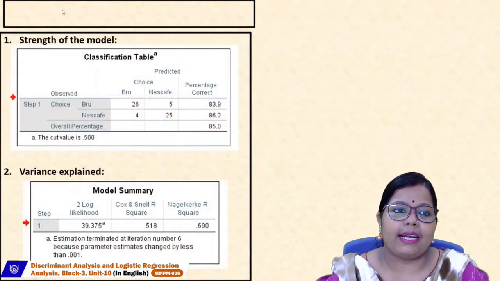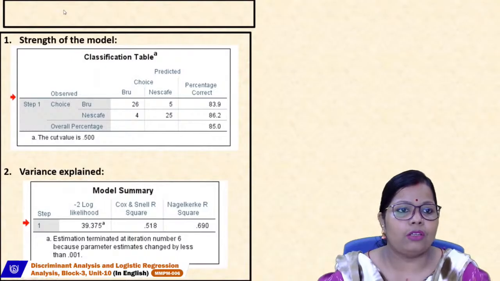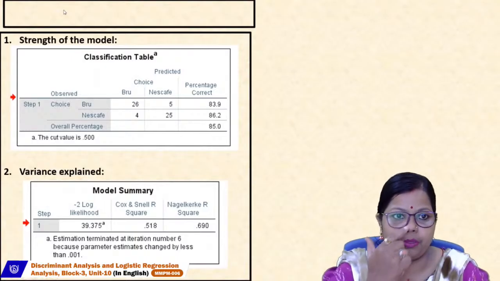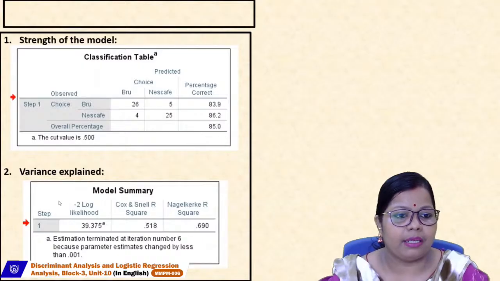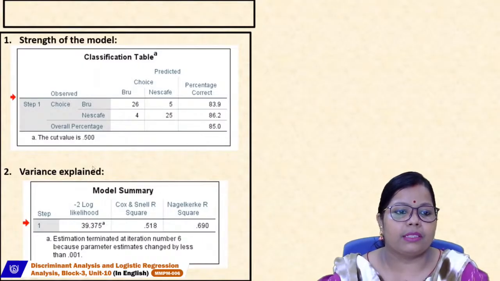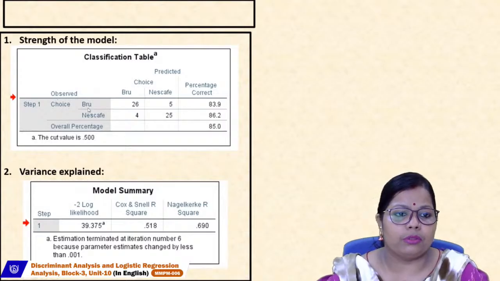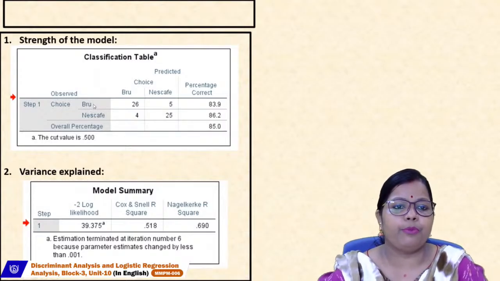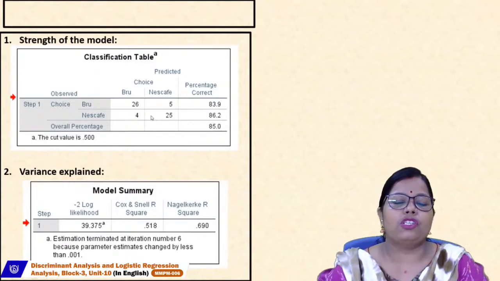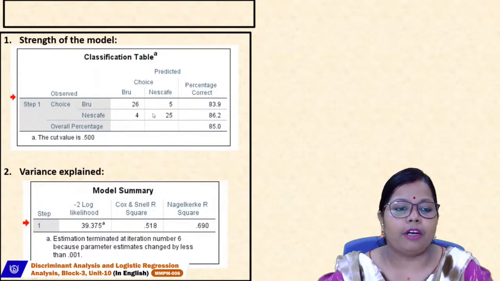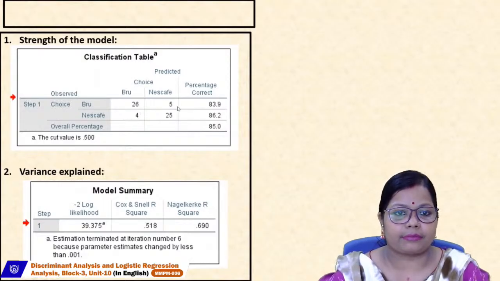After clicking on OK, I got the strength of the model table, that is the classification table, and another model summary. Here you can see the persons preferring Brew and the people choosing Nescafe, mentioned here as 26 and 5, 4 and 25.